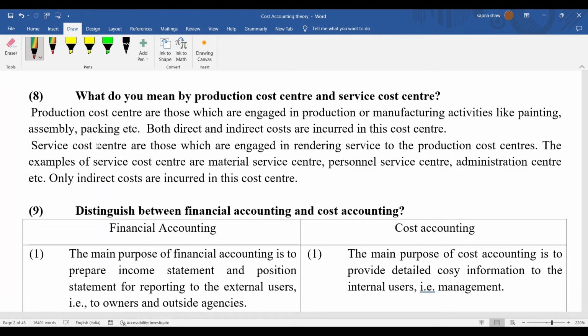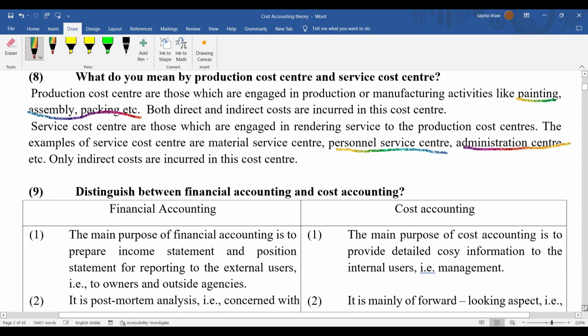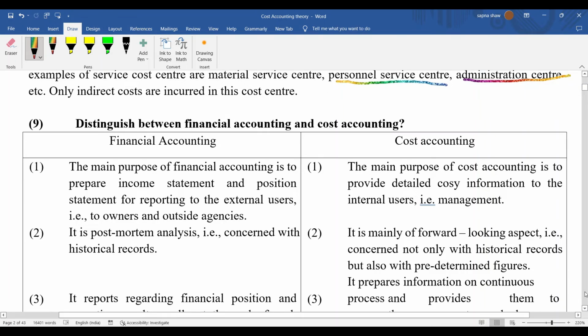For painting, assembling, packaging, these are the production cost centers, directly involved with the production of the product. Other things, such as personnel and administrative centers, provide service. The amount of cost we incur to maintain these centers is called the service cost center. So this was all about costing.